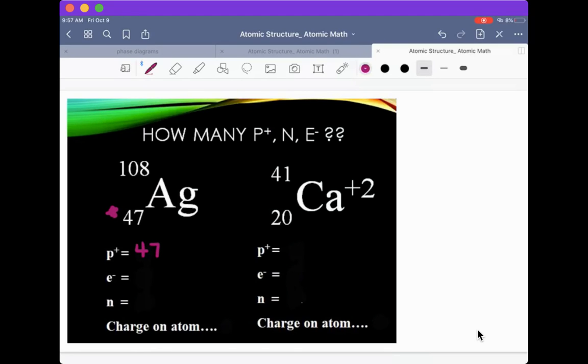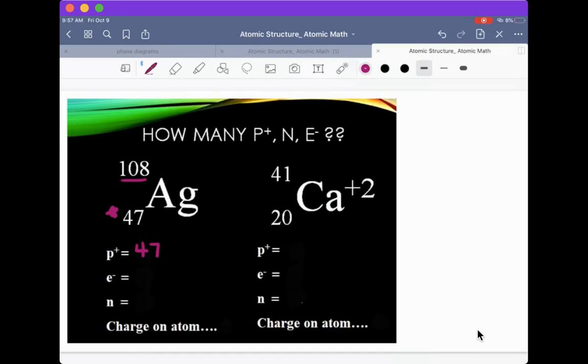So remember, to get the number of neutrons, we take the mass number, which is the number of all of the particles in the nucleus, and we subtract the 47, because if 108 represents all the things inside the nucleus, and out of the 108 things, 47 of them are protons, then the leftover would have to be the neutrons, right?